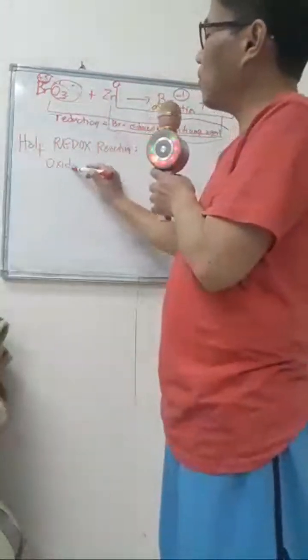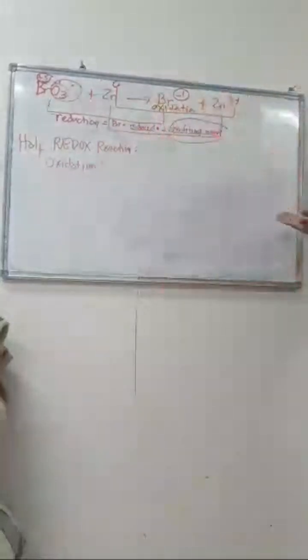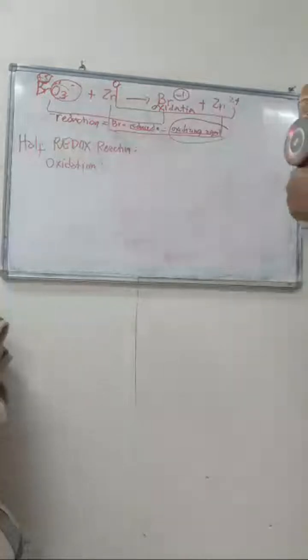So we start with oxidation. Let's not be lazy to write first for the purpose of discussion. The moment you face an examination or test in the future, you don't have to write everything, as long as you already understand the whole process. Then you can really answer comprehensively. Okay, things like this, oxidation.